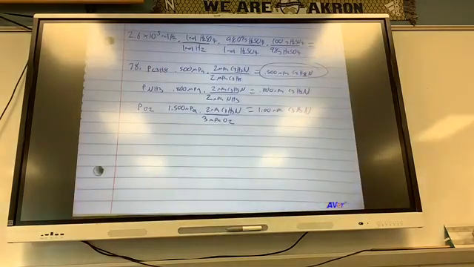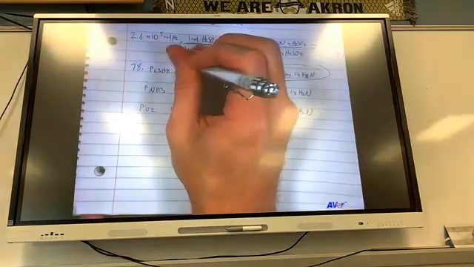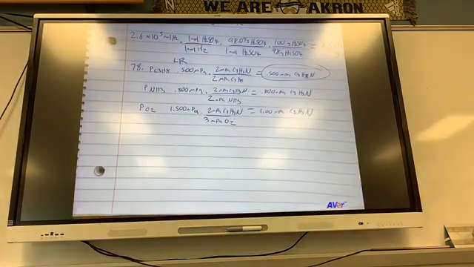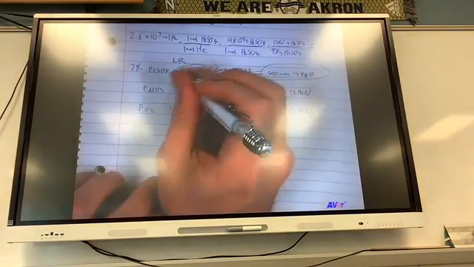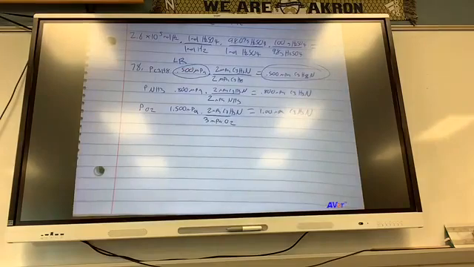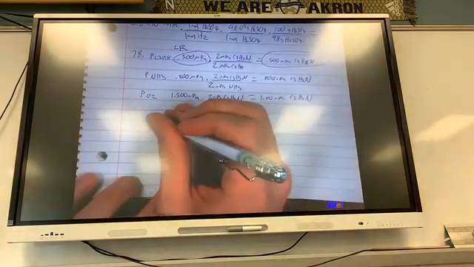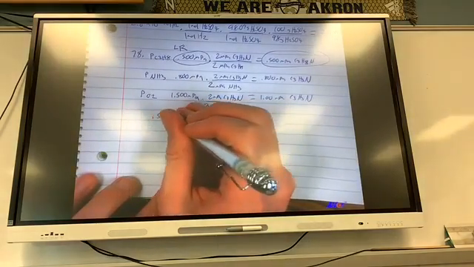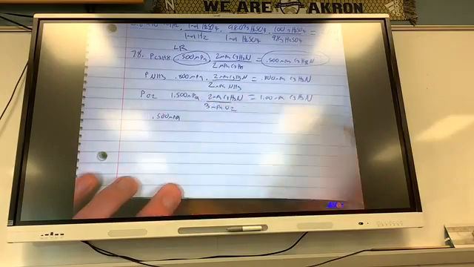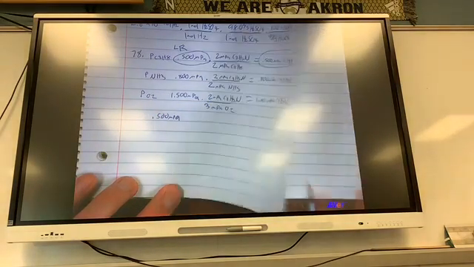Which means that is my limiting reactant. So I'm going to take my 0.500 megapascals. That's the one I have to use. Agreed?